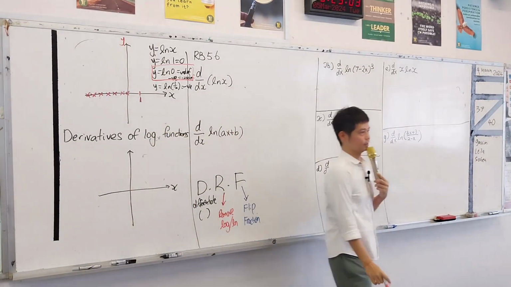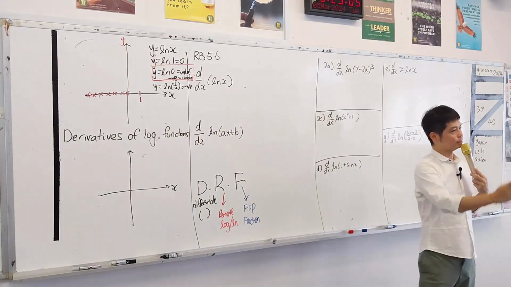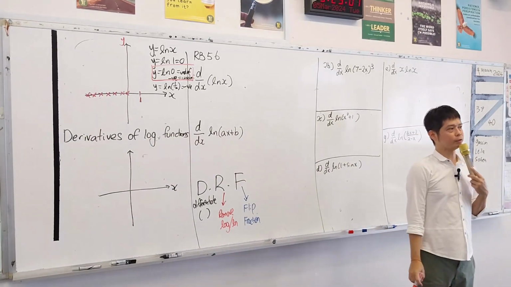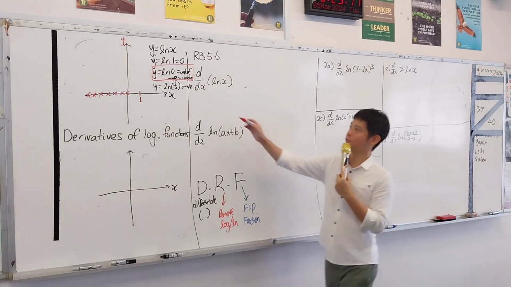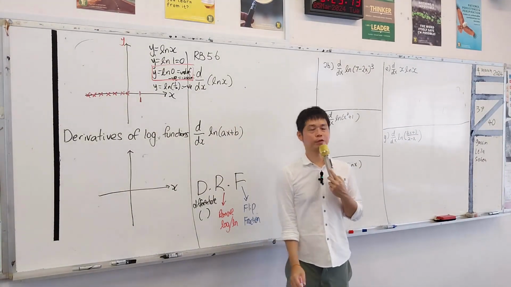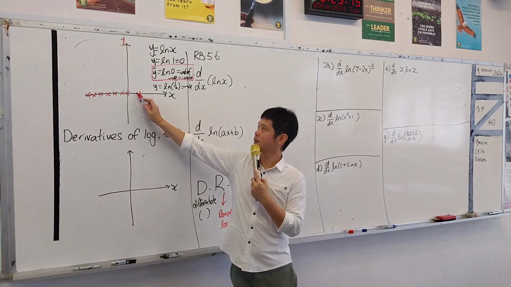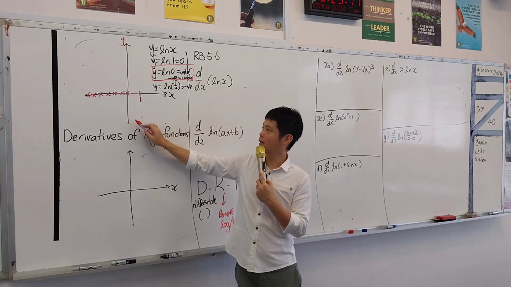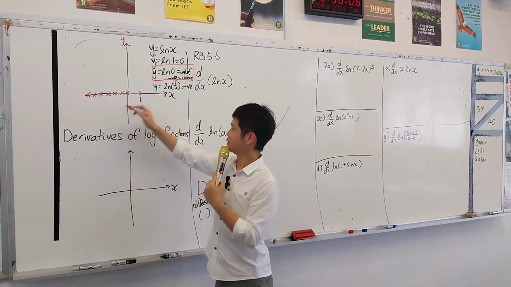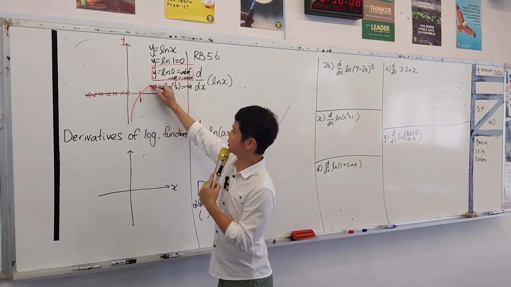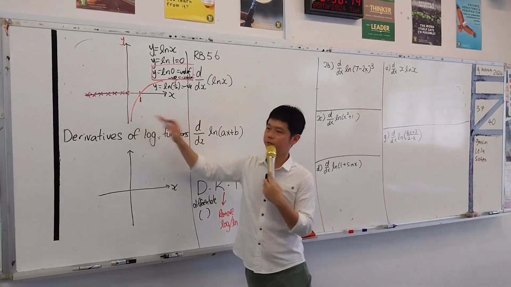How does the curve look? When x is a decimal, like 0.5, 0.4, 0.3, the y value will be negative. So on this part here, all the y's are negative. If you don't want to cut over here, there's only one way of drawing. So this is the logarithmic curve.